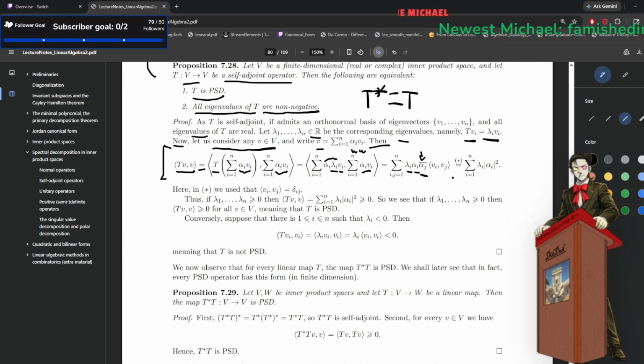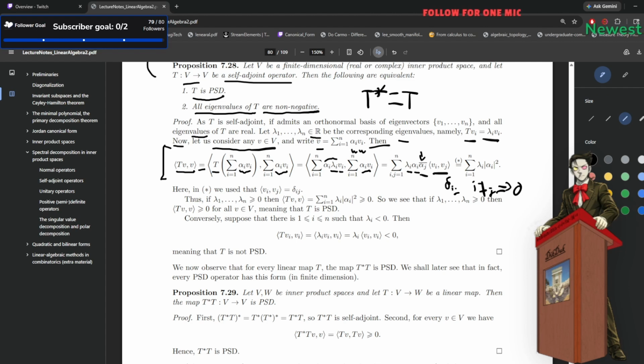Now what we're going to do is you have your vi, vj, and because we're working with an orthonormal basis, we use the Kronecker delta. I've shown this Kronecker delta many times, but what it does here is basically it's going to nuke everything where i is not j. Where i is not j, everything is 0, so you don't add anything.